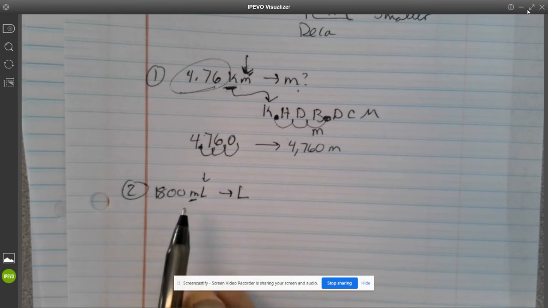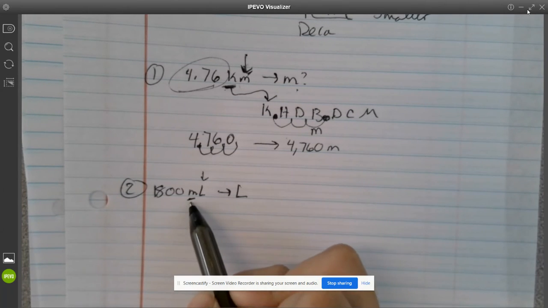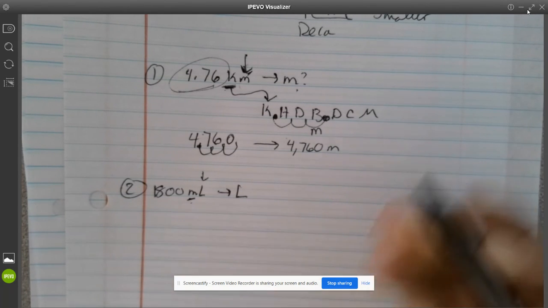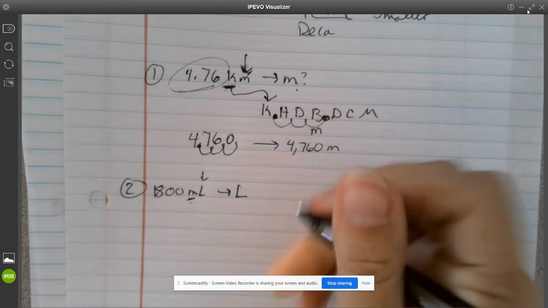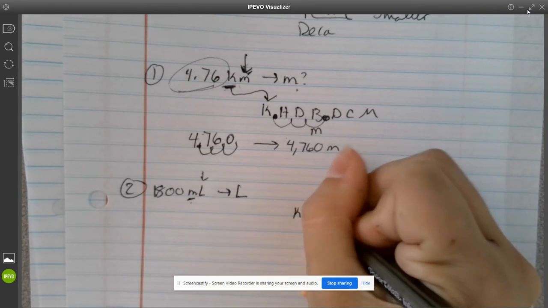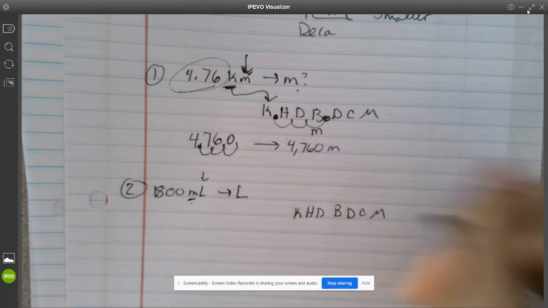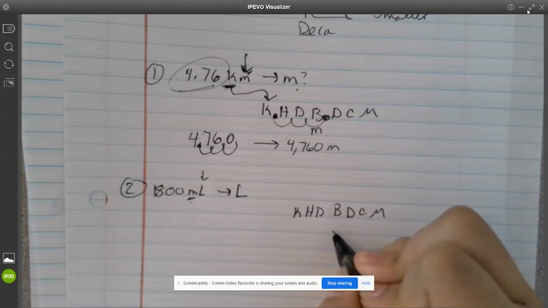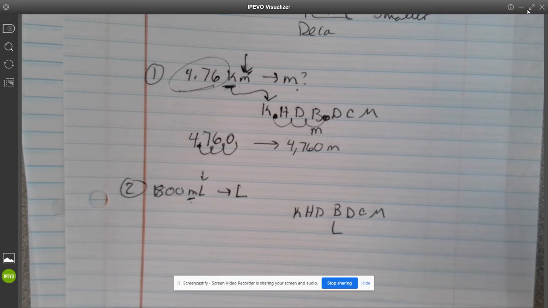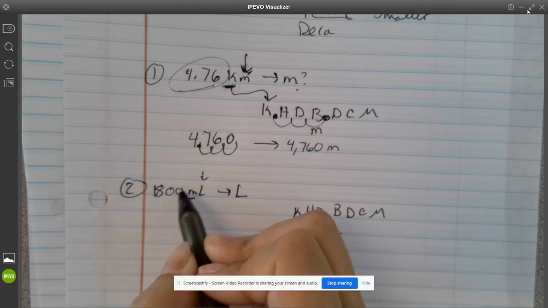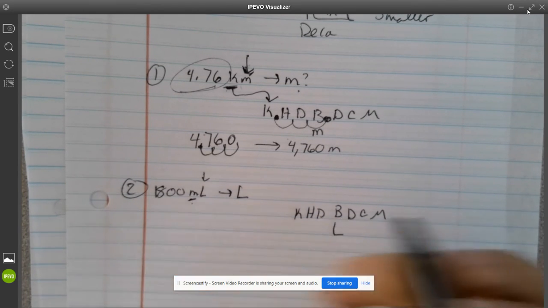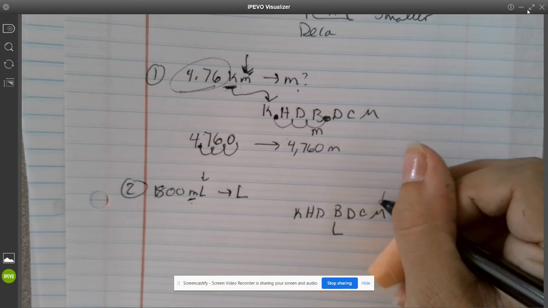This is where we're starting. So we're looking at milli. I'm going to write a separate metric line. So K, H, D, B, D, C, M. So my base is going to be liters. And I'm starting with my milli. So that means I'm looking right here.